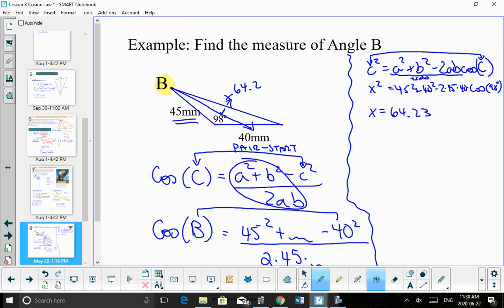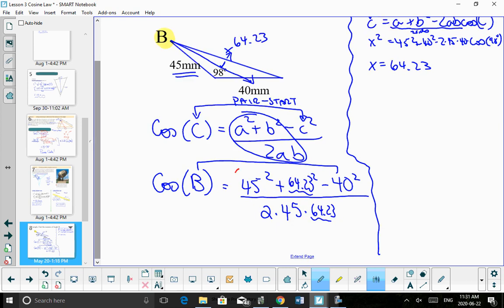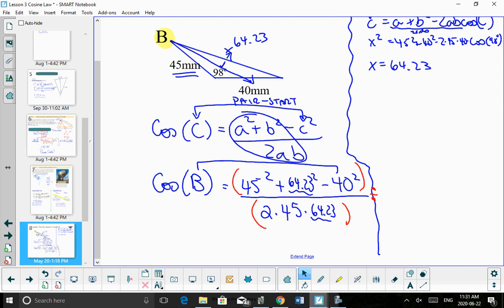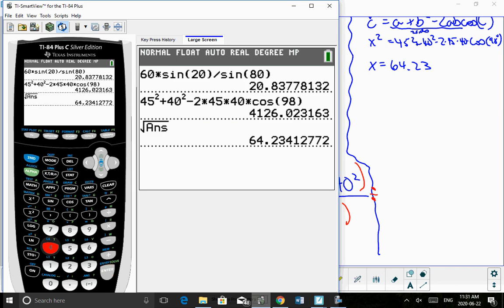So now I can put that number in here. So now on my calculator, I'm going to put brackets around that, put brackets around that, and if I do it correctly, I should end up with a 0 point something. Okay, so I've got, whoops, I already messed up. So I've got 45 squared plus, now if you don't want to plug in 64.23, you can go ans squared, because that answer is the one I would be using anyway.